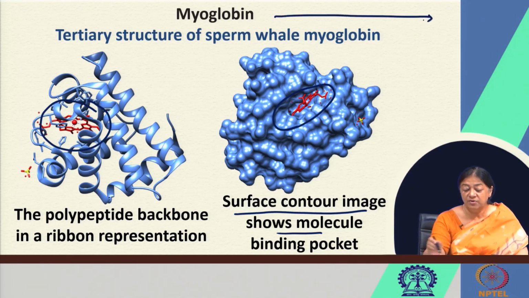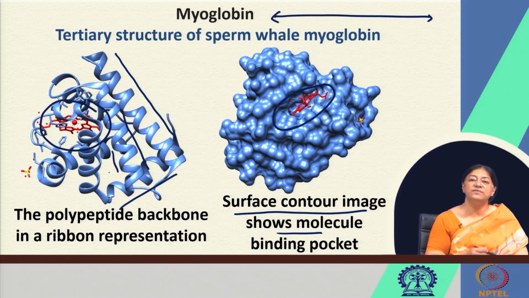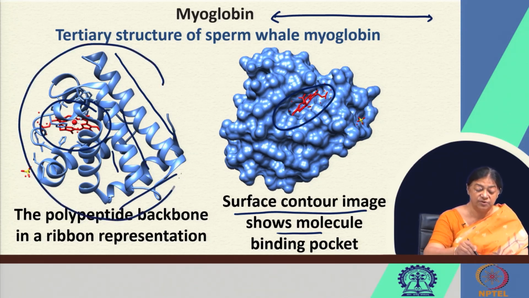So, I have 153 amino acid residues that are linked in the primary structure to form this single polypeptide chain. Now, what has happened is this polypeptide chain has folded or formed several helices, and these helices have come together in this folded structure of the protein.